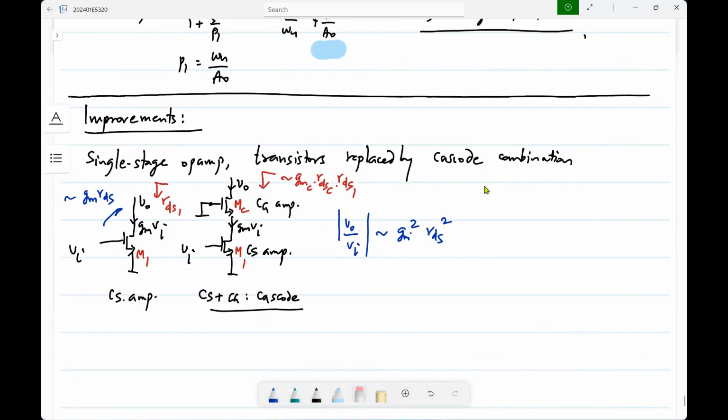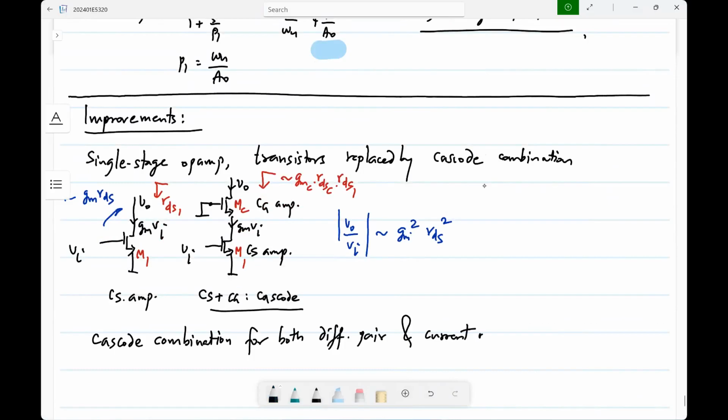We'll come to the transistor level details later.